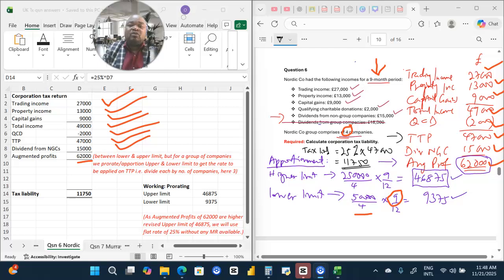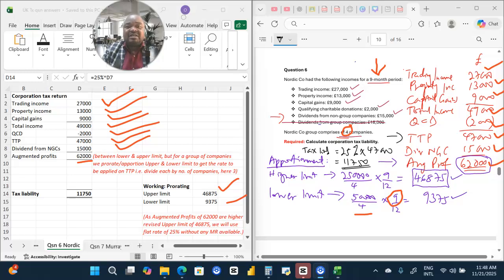So this is why, instead of having an upper limit of 250,000 and lower limit of 50,000, we reduced them in line with the apportionment metrics, which were the accounting period as well as the number of companies involved. And so our upper limit was reduced to 46,000 from 250,000, and the lower limit to 9,000 from 50,000.